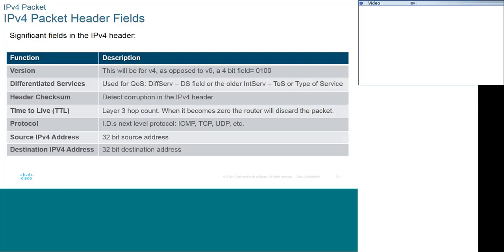This will prevent that situation; if the packet doesn't arrive at any destination, it will be dropped. Different kinds of protocol could be used. Source IP address and destination IP address are the main things that should be available for the process of communication.